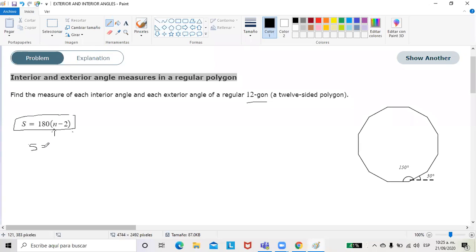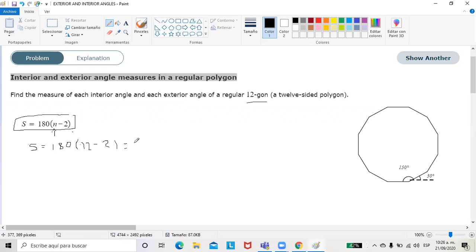So we have x is equal to 180 multiplying n minus 2. In the case of n, we need to write the number of the sides. In this case, it's 12.